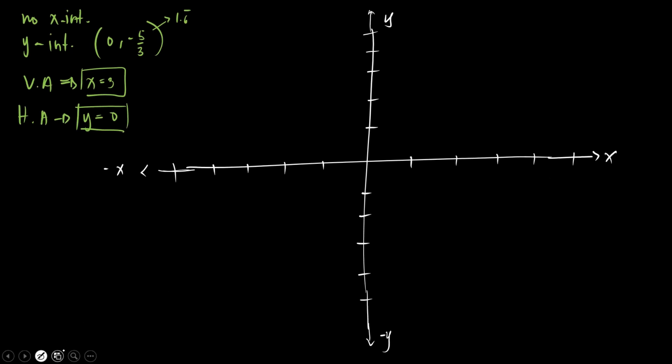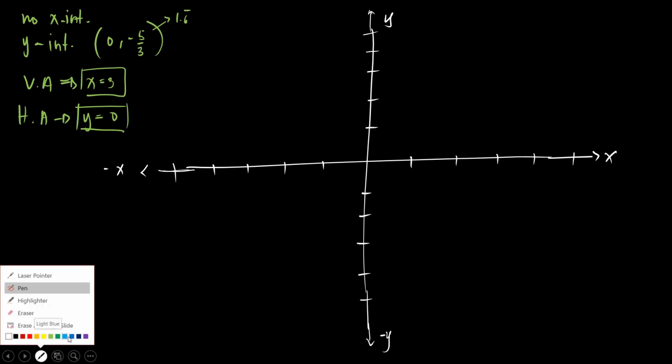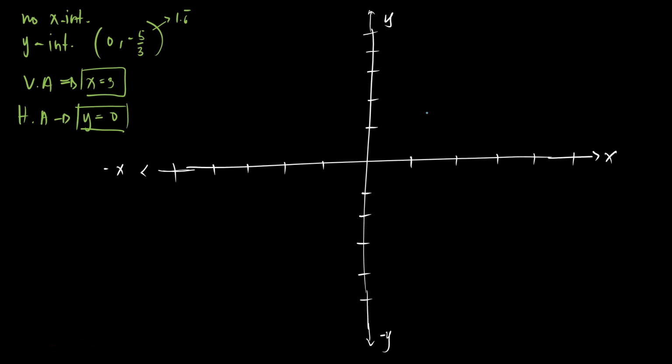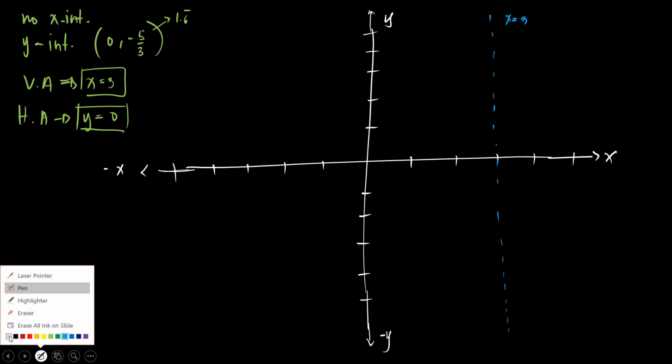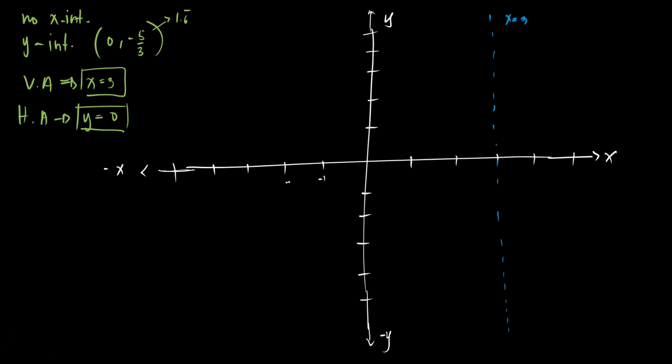Okay, let's plot the vertical asymptote first. Our vertical asymptote is x is equal to 3. Let's put labels first, class. We have -1.